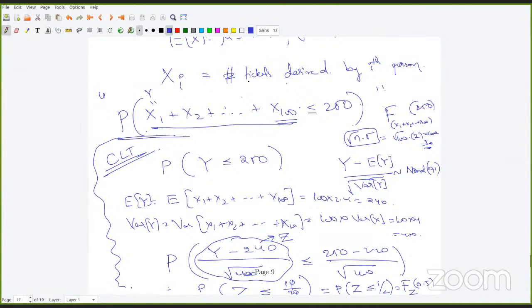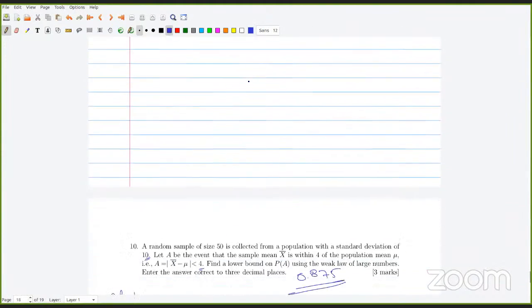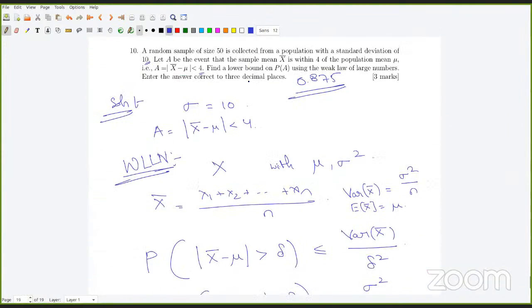The final point is in question number 10, where we are actually using Chebyshev's inequality. Chebyshev's inequality, when used on the sample mean, gives rise to the weak law of large numbers. Even though in our questions we always say weak law of large numbers, it's actually Chebyshev's inequality applied on the sample mean.